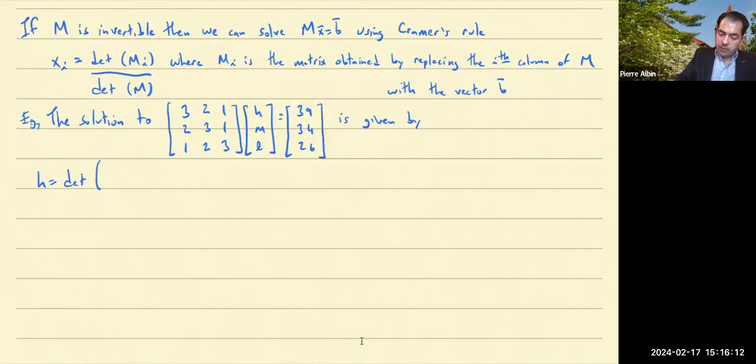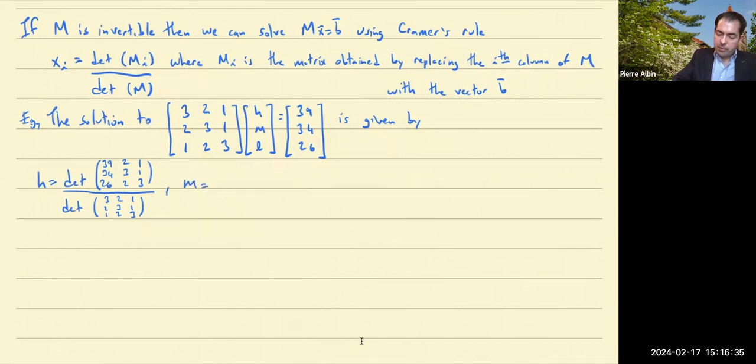So it would be 39, 34, 26, and everything else stays the same. And we divide that by the determinant of this coefficient matrix.